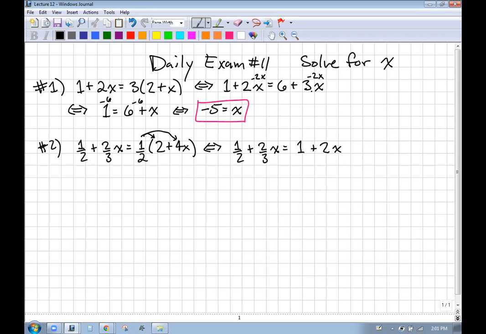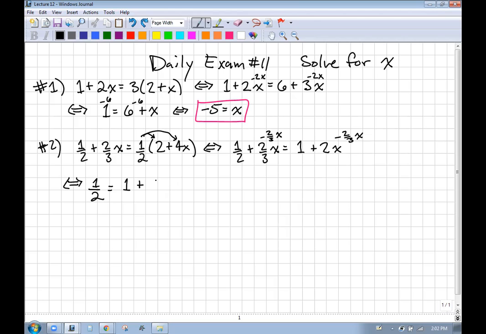So now, just like the last problem, we need to get these x's together. So if I subtract 2/3 x from both sides, I will get 1/2 equal to 1 plus, since we're trying to add these, we kind of need a common denominator.